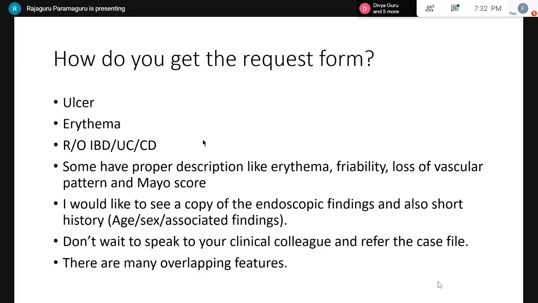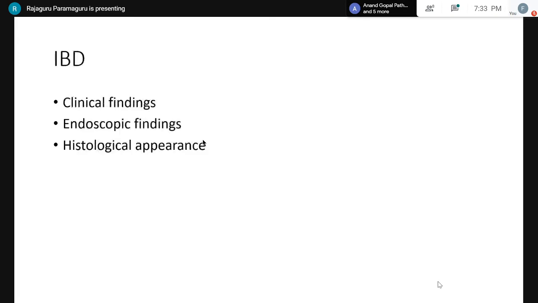If in doubt, you should always speak to him or her and get it clarified, and always refer to the case file if you have access to it. There are so many overlapping features when it comes to diagnosis of any pathology, and not only IBD. These things which I've described are very important before making a diagnosis. You'll know why in the subsequent slides which I'm going to show you.